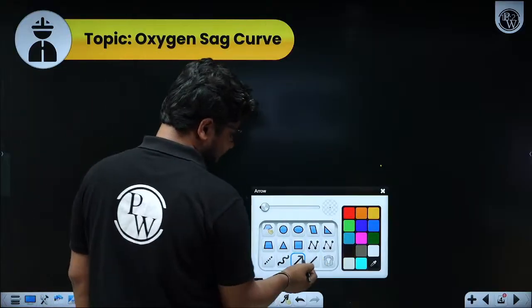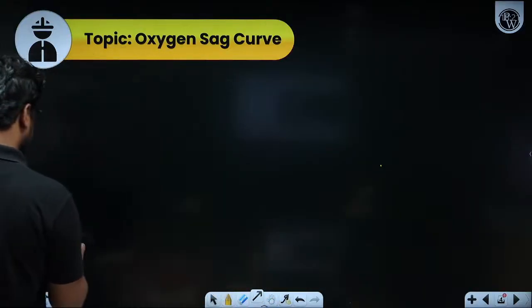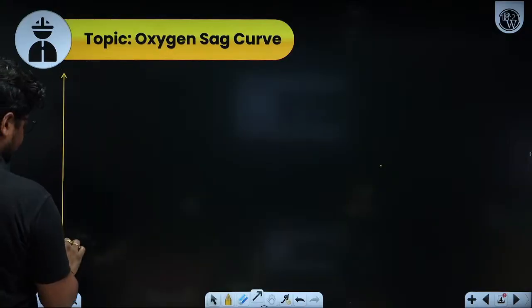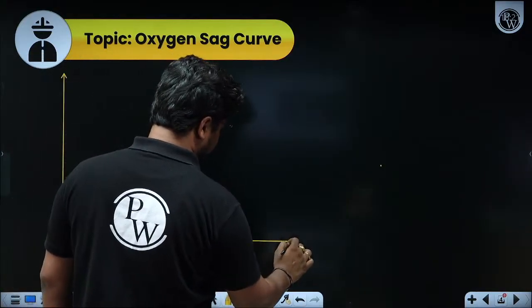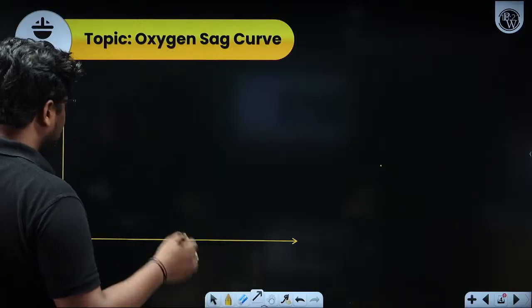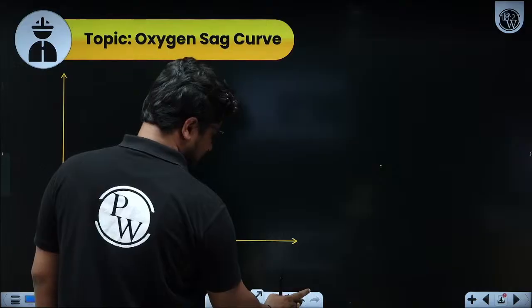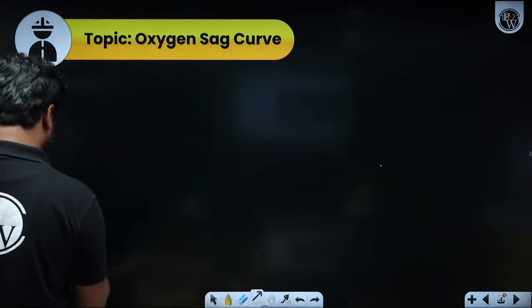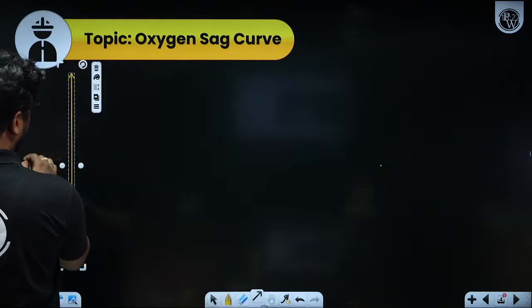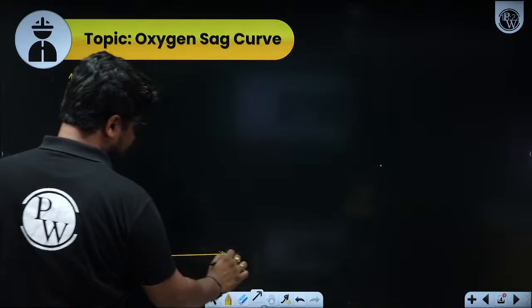The first process is the depletion of oxygen, which we call deoxygenation. Deoxygenation happens while the self purification process is going on.